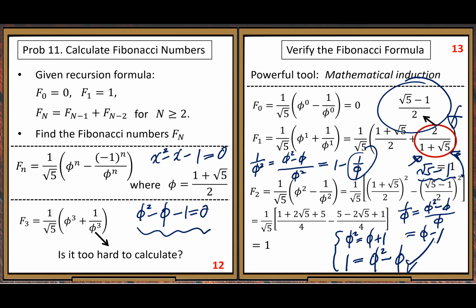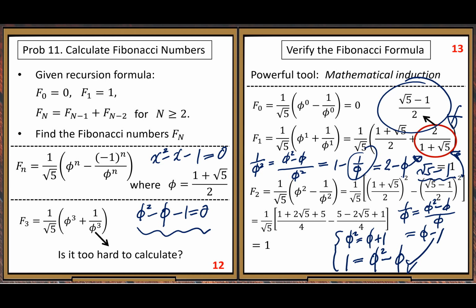Then you put things together. 1 minus this whole thing, we get 2 minus phi, right? A little messy, but I hope you can see it. 2 minus phi.